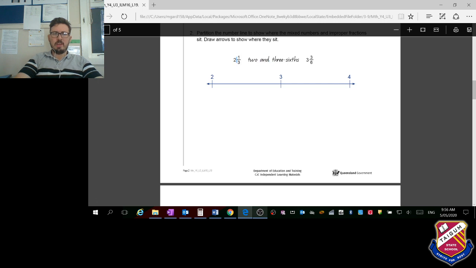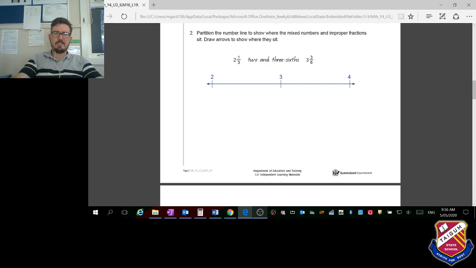Next one, 2 and 3/6. So we partitioned it into thirds. What did we learn last Friday? When we do sixths, how can we partition something from 1/3 into 1/6?